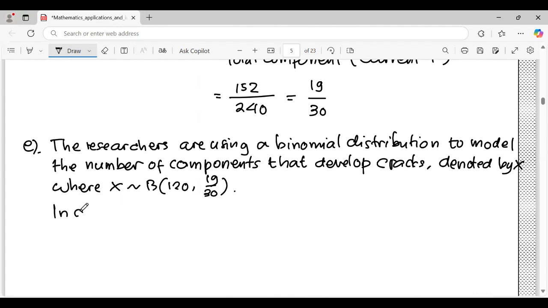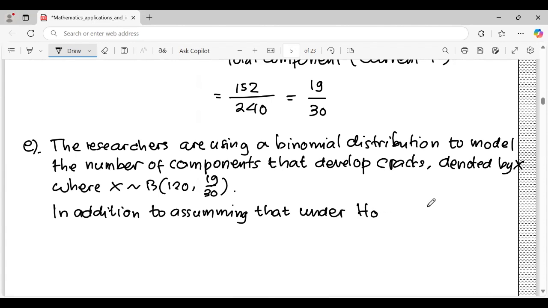In addition, assuming that under the null hypothesis, the probability value equals 19 over 30.